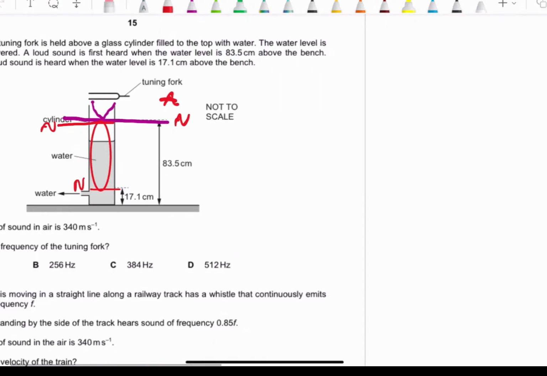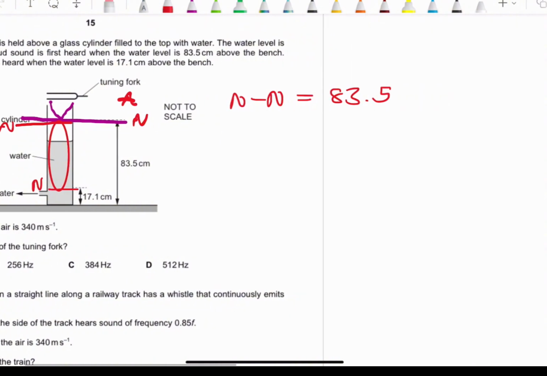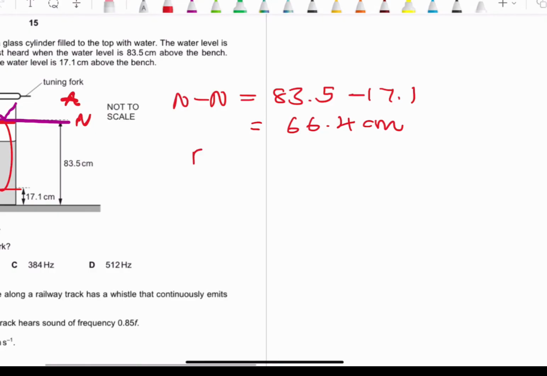So from node to node, the distance is 83.5 subtract 17.1, which is going to be 66.4 centimeters. But we know that from a node to a node, this is actually half lambda.